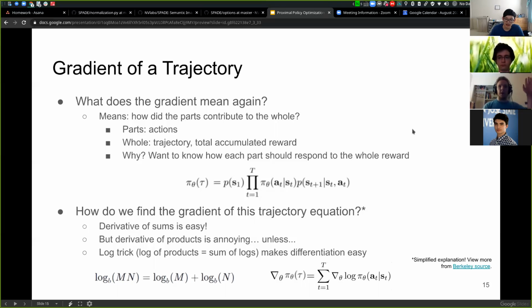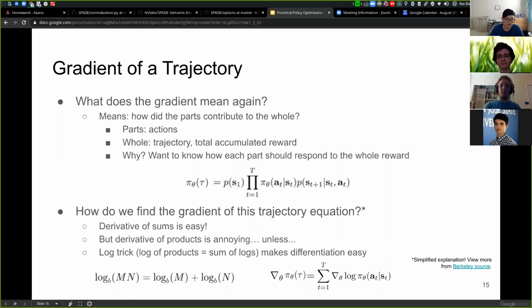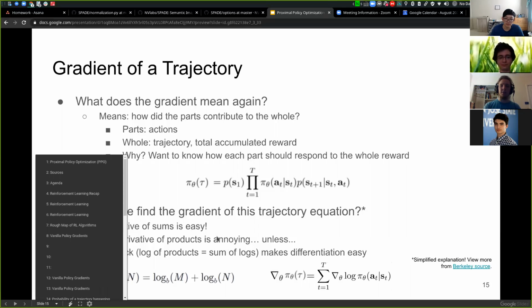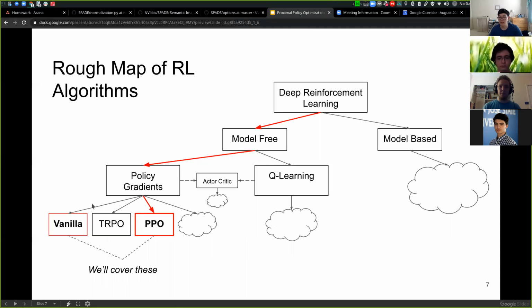Yeah. I have a question. So earlier on, you talked about model-based and model-free algorithms. What is the difference? That's also a good question. So when we say model, let's see if we can find that slide. Here we go. Yeah, model-free, model-based.